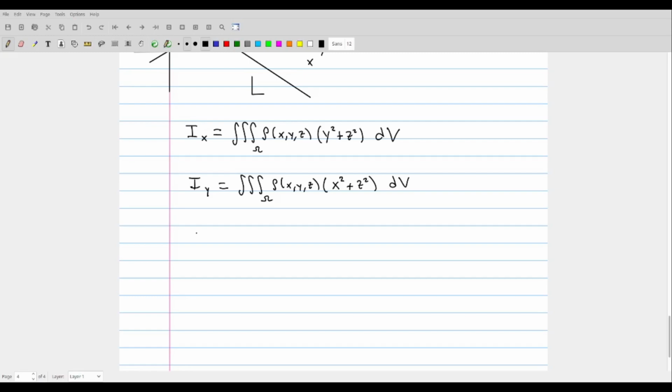And lastly, the moment of inertia about the z-axis, so the resistance to rotation about the z-axis, will be the triple integral over omega of the density function times the distance of any point to the z-axis, which is just going to be x squared plus y squared. And there you have it. This is how you calculate the specific moments of inertia about any one of the axes.